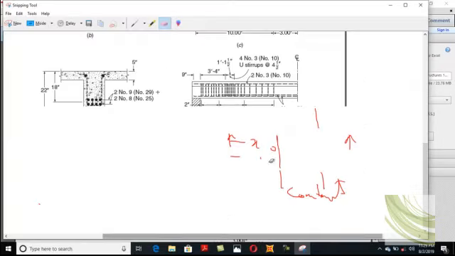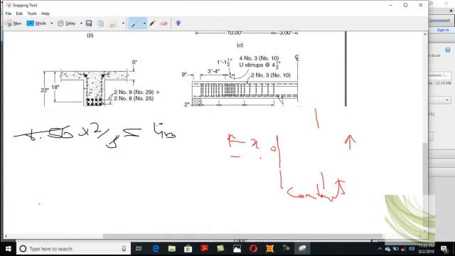If you multiply 6.56 by 2/3, let's say the value you get is 4 square inches. So 4 square inches of area you should discontinue at this point, and the rest of the area you will continue.